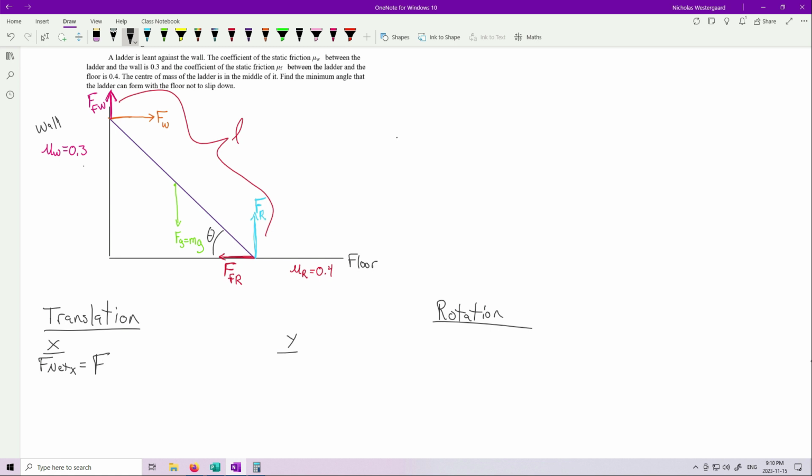The normal force of the wall is X, and the friction of the floor is in the X. And in my Y, F net Y is equal to gravity going down, but the normal force from the floor is going up, and the friction from the wall is going up.